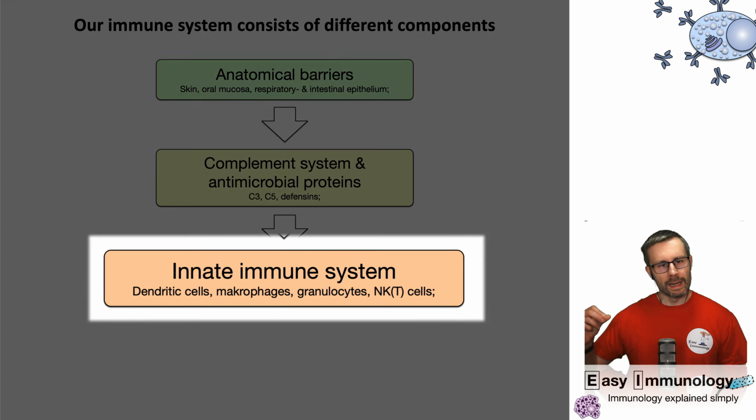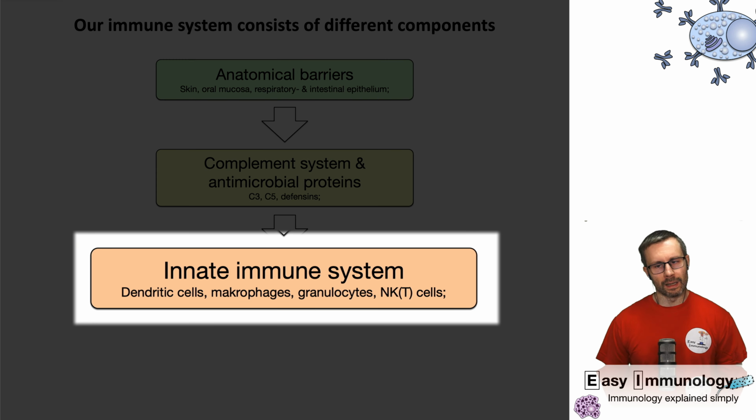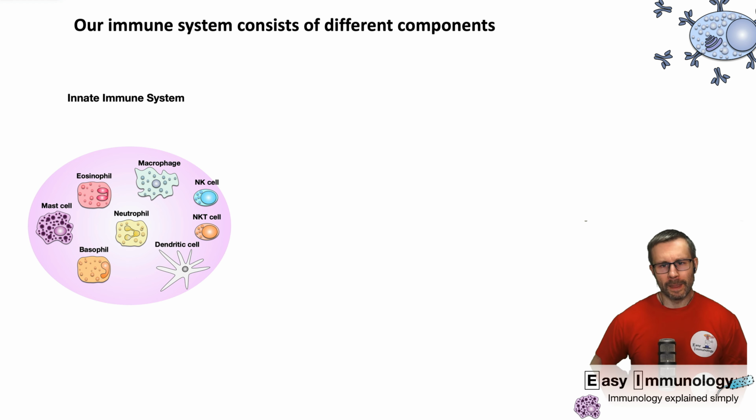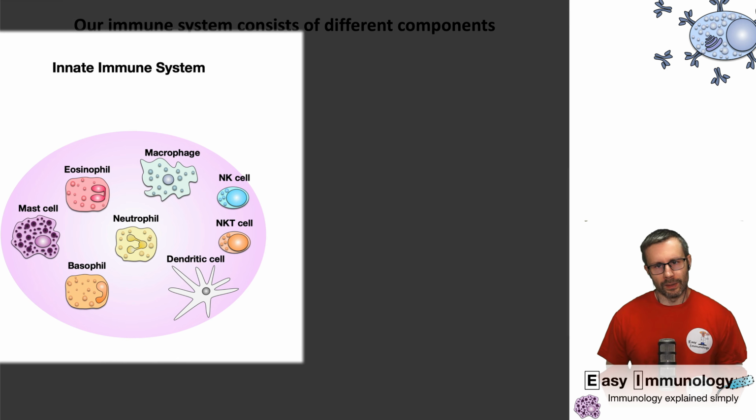And these are now specialized cells that are a bit more complicated, I would say, for the innate immune system, and much more complicated for the adaptive immune system. So we will start with the innate immune system. As I said, this consists of cells, and first we want to look at the overall spectrum of cells in our immune system.